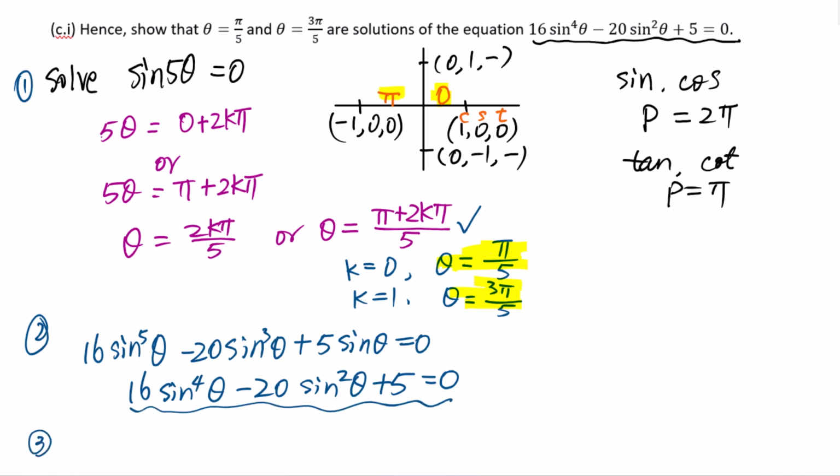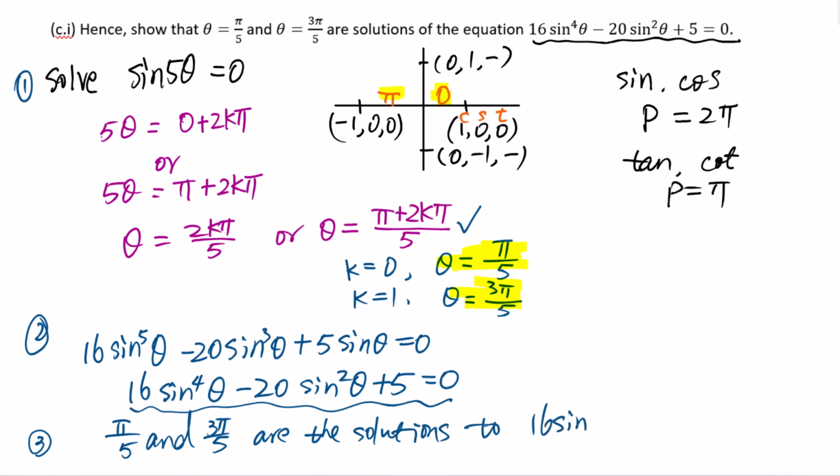So we draw the conclusion: π/5 and 3π/5 are the solutions to the equation 16 sin^4 θ minus 20 sin^2 θ plus 5 equals 0.